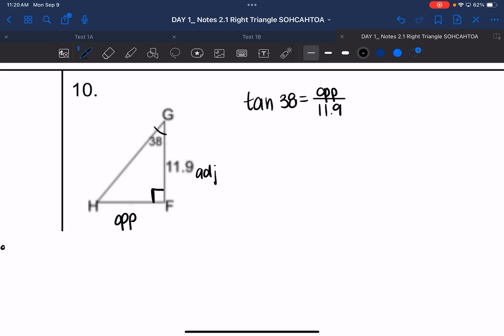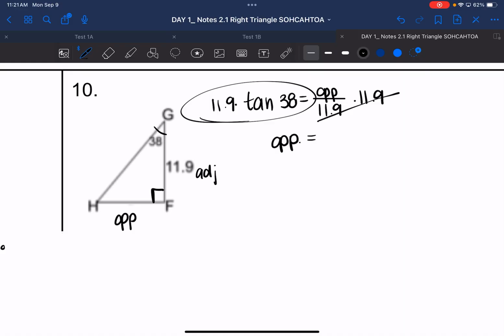So if I was going to solve this, what should I do? Good. So those divide out. 11.9 over here. So this is what I put in the calculator. What are we going to get for the measure of our opposite side? 9.30. Okay.